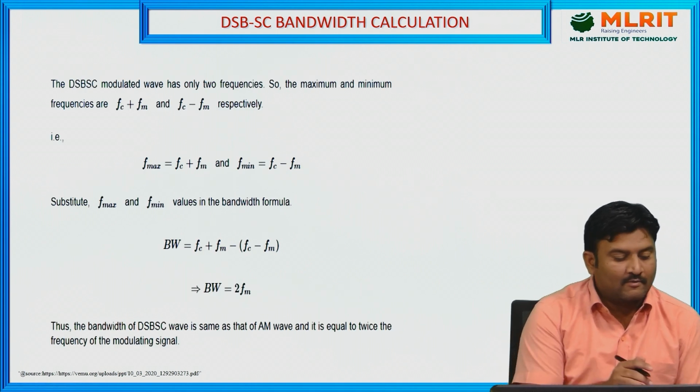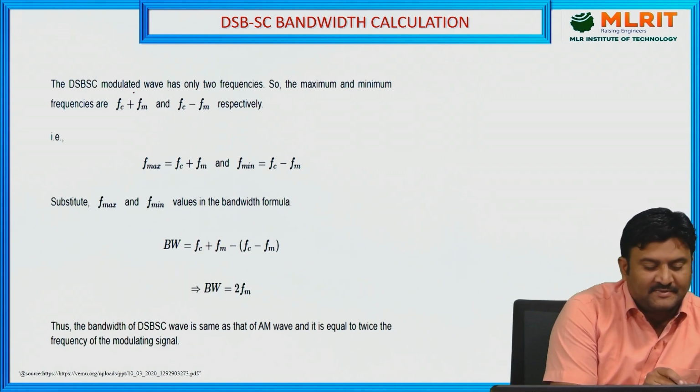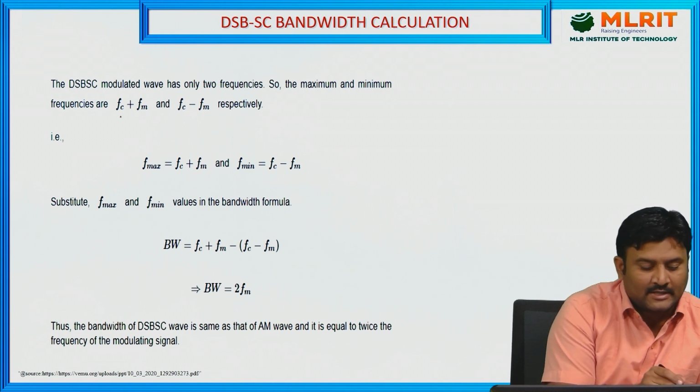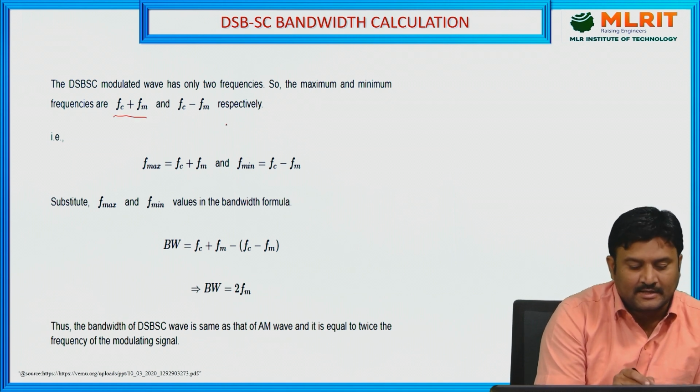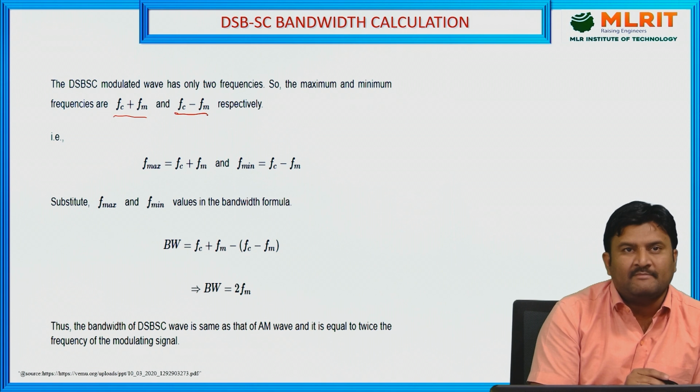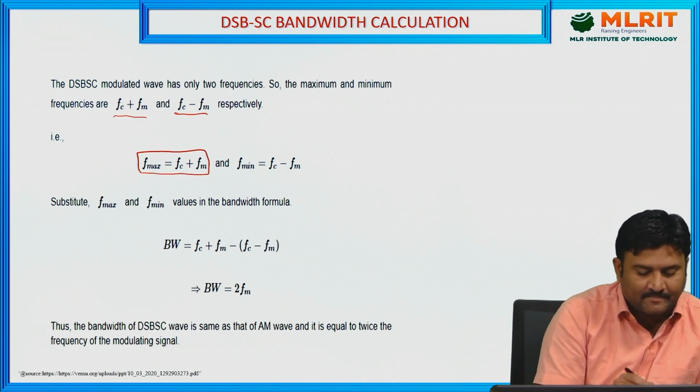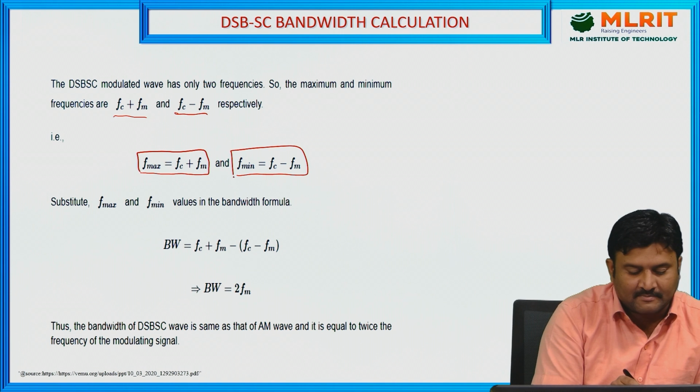What is the DSB-SC here? The DSB-SC modulated wave has only two frequencies: fc plus fm, the maximum frequency, and fc minus fm, the minimum frequency. That is, f maximum is equal to fc plus fm, and f minimum is equal to fc minus fm.